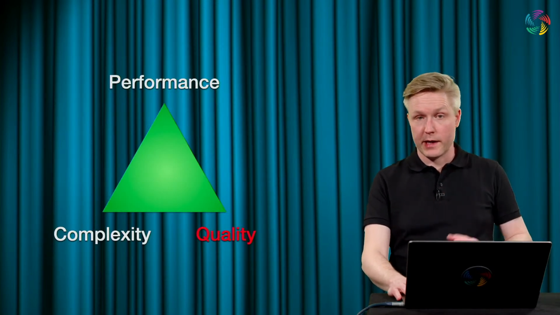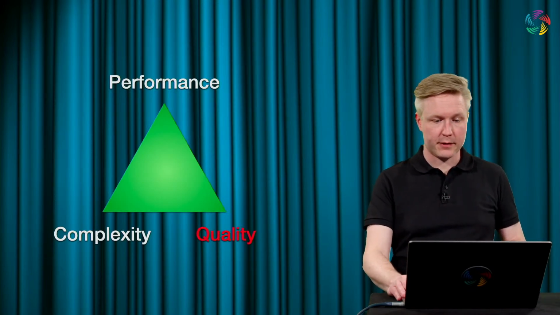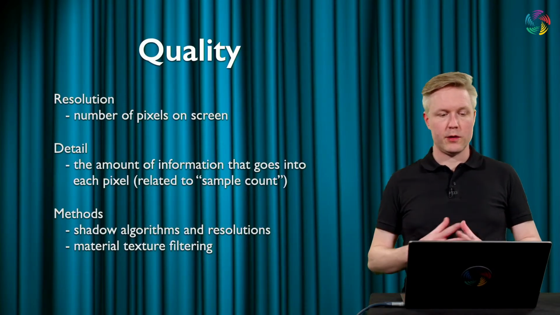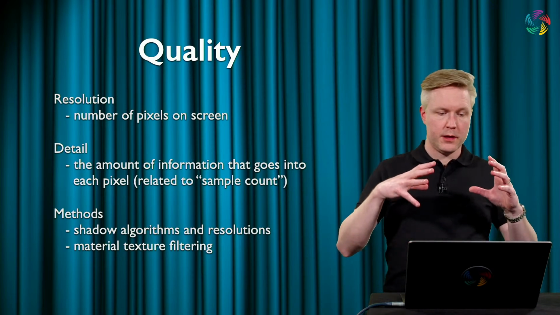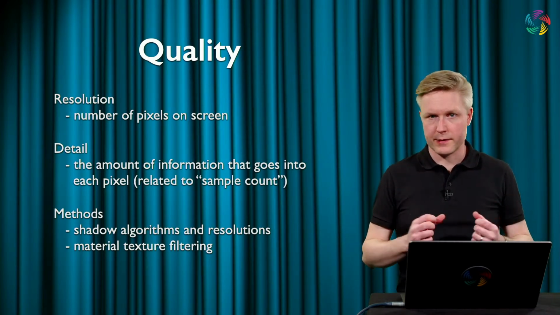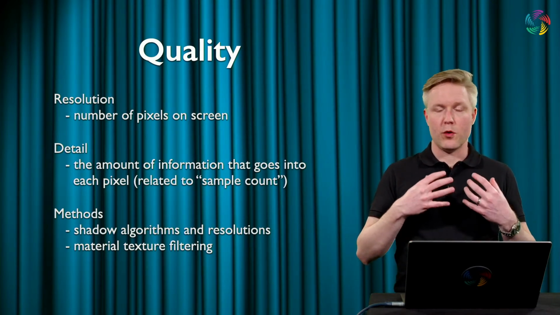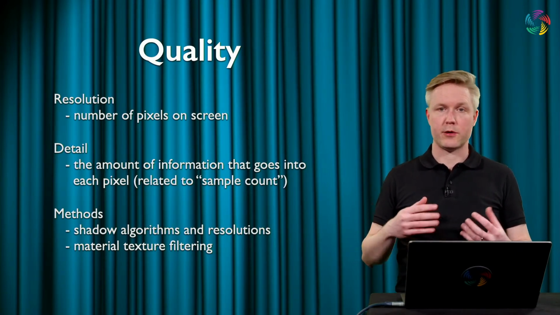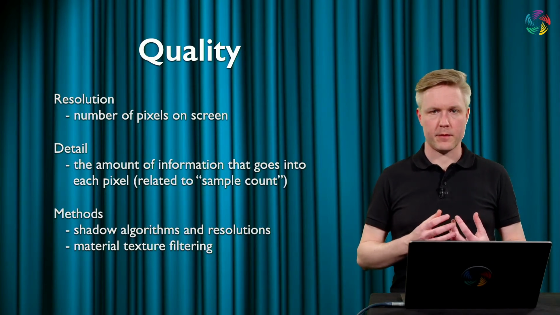And finally, we have the quality aspect of things. And here we are talking about the resolution of the visualization. So the more pixels of visualization you want, the higher quality you are demanding.